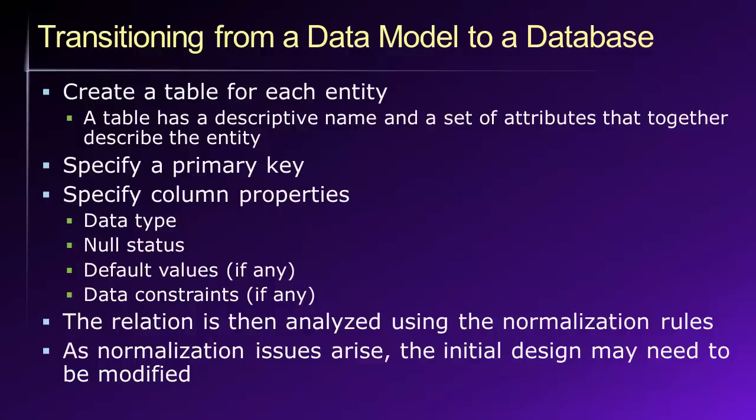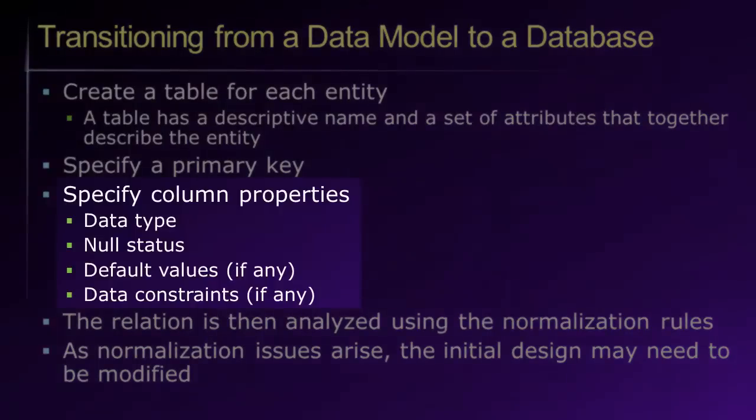After adding our attributes or columns to the table, we need to specify several properties for each column so that the database engine will be able to treat the column properly once the database is deployed. Among these properties are, first, the data type. Is the attribute an integer, a float, a varchar, a datetime, or some other data type?